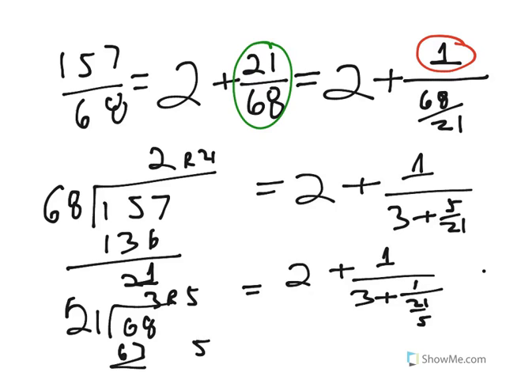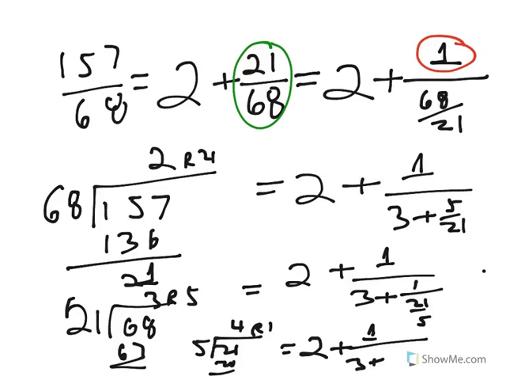And then finally, 5 into 21 is 4, remainder 1. Plus 1/5. And I'm allowed to stop now.